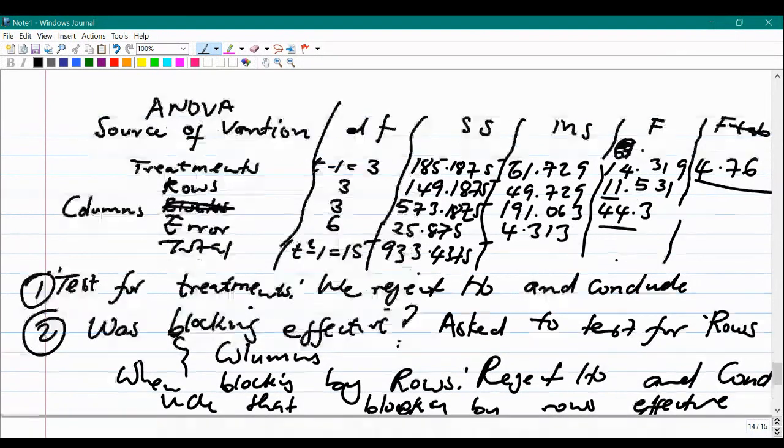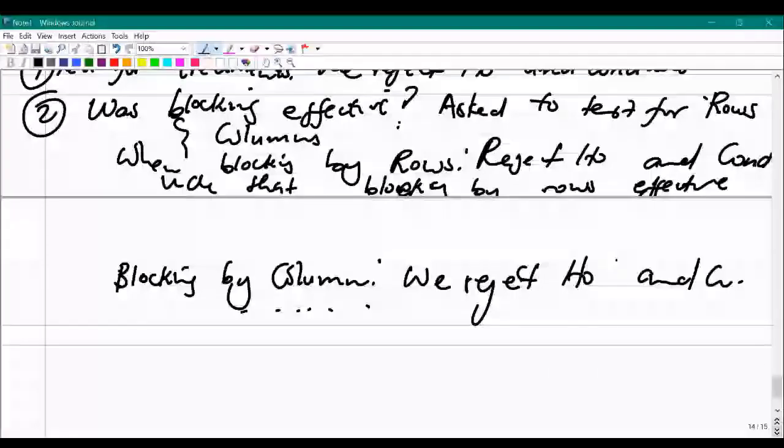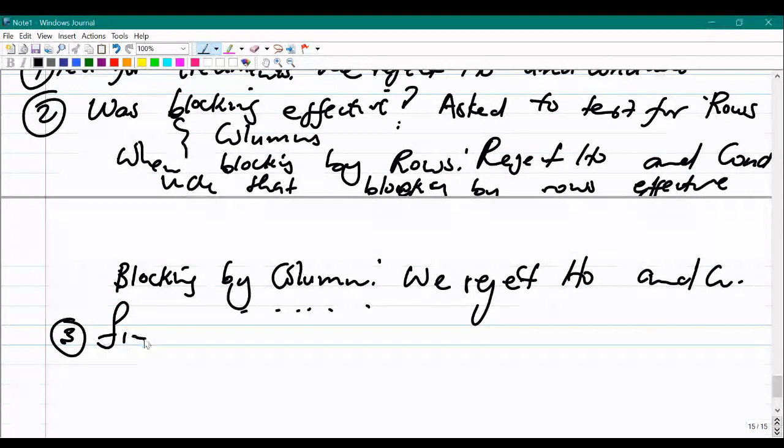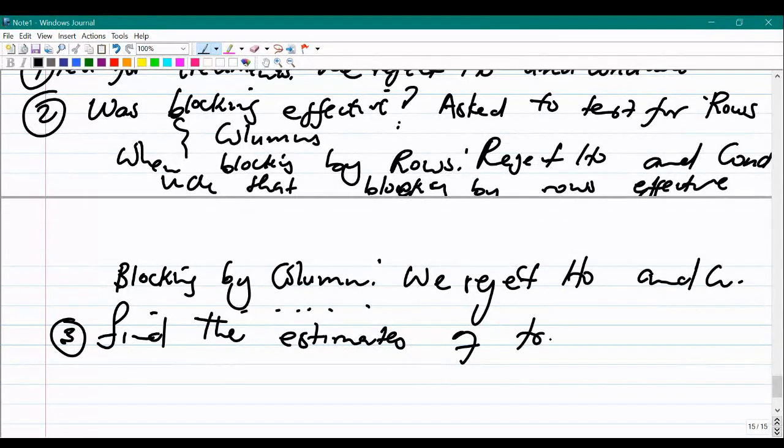So the third one, the questions that I created, I asked you to find the estimate of the treatment means. How do we do that? We take each mean of the treatment and subtract the grand mean.